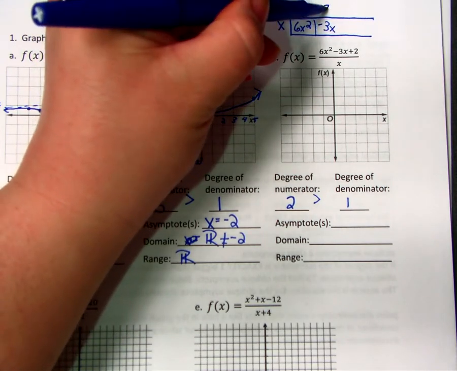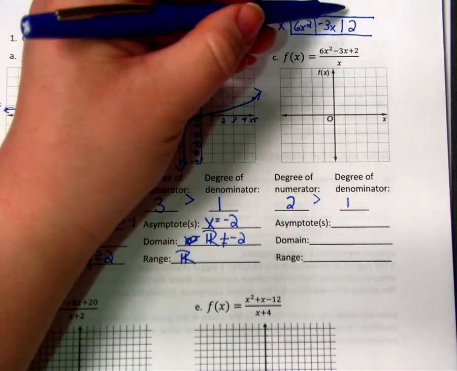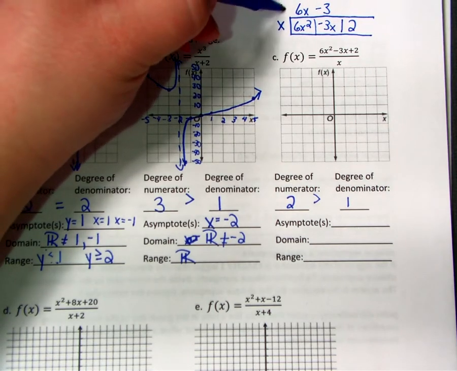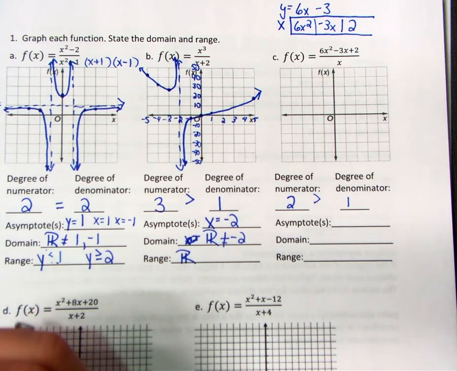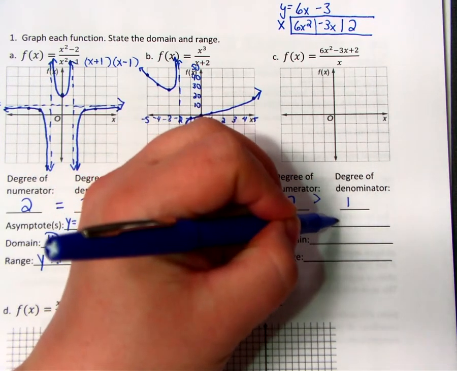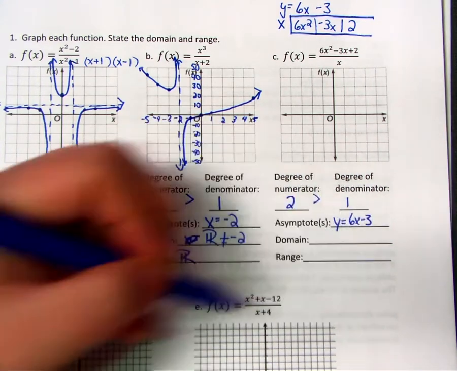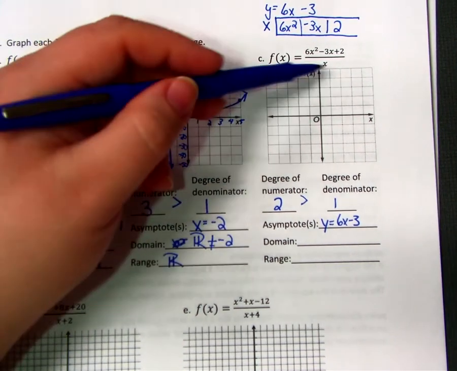And I can't really take x out of 2, and so that would be my remainder. So y equals 6x minus 3 is my oblique asymptote. My vertical asymptote happens wherever the denominator equals 0.